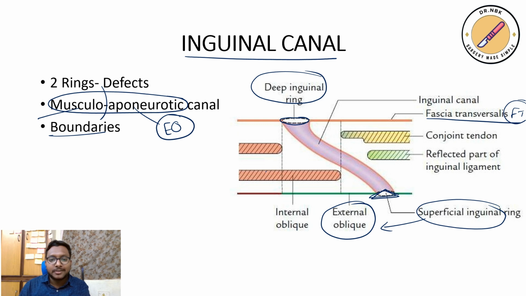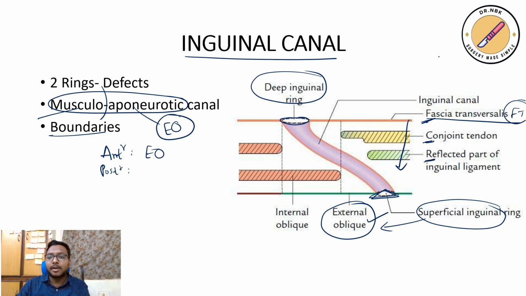Now, coming to the boundaries, please understand the anteriormost boundary is formed by external oblique, whereas very laterally you have got this internal oblique. Okay, so the anterior boundary is formed by external oblique aponeurosis. Now, coming to the posterior one, as you can see here, we can remember posterior to anterior. So first one is fascia transversalis, then is conjoint tendon, I'll explain that.